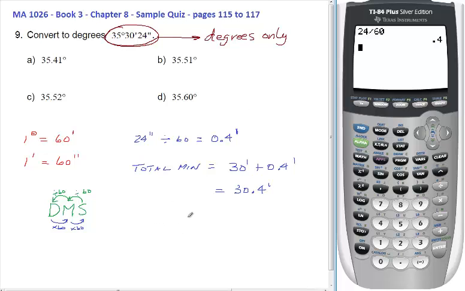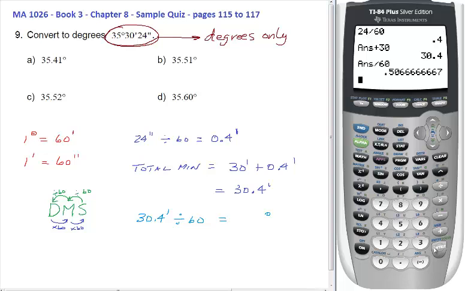You take the next amount, which is that 30.4 minutes, and divide by 60. Of course, you're changing that back to degrees.